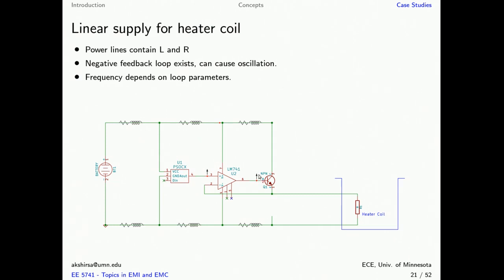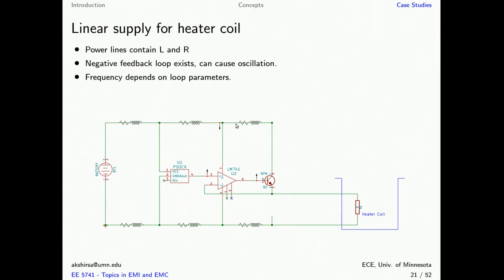When this voltage increases, this is the base voltage of this transistor, and this transistor begins to conduct better and drives a larger current through the collector and out of the emitter. As a result, because the current through this path has increased, the voltage drop across this parasitic impedance has also increased.